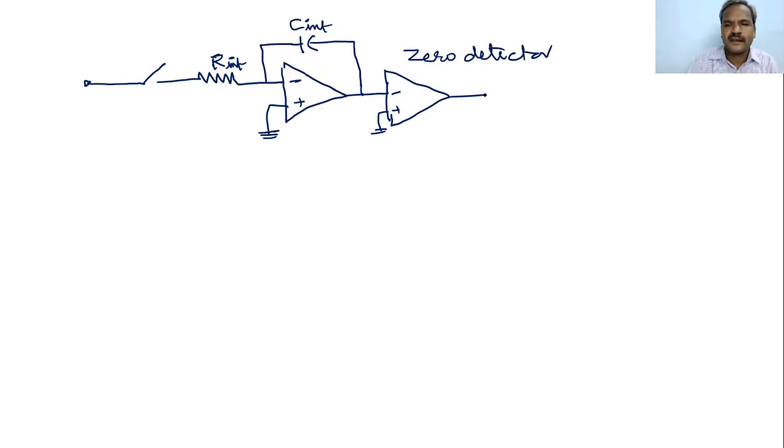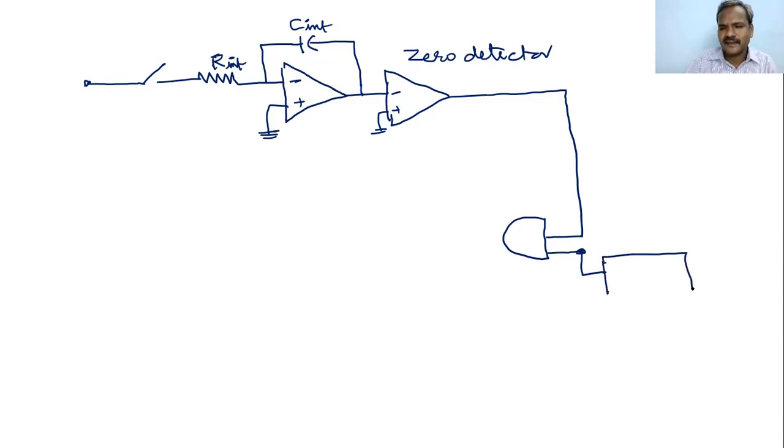From the zero detector, it is connected to the AND gate, where the oscillator is connected. The oscillator generates a train of pulses whose frequency is specified in the design.